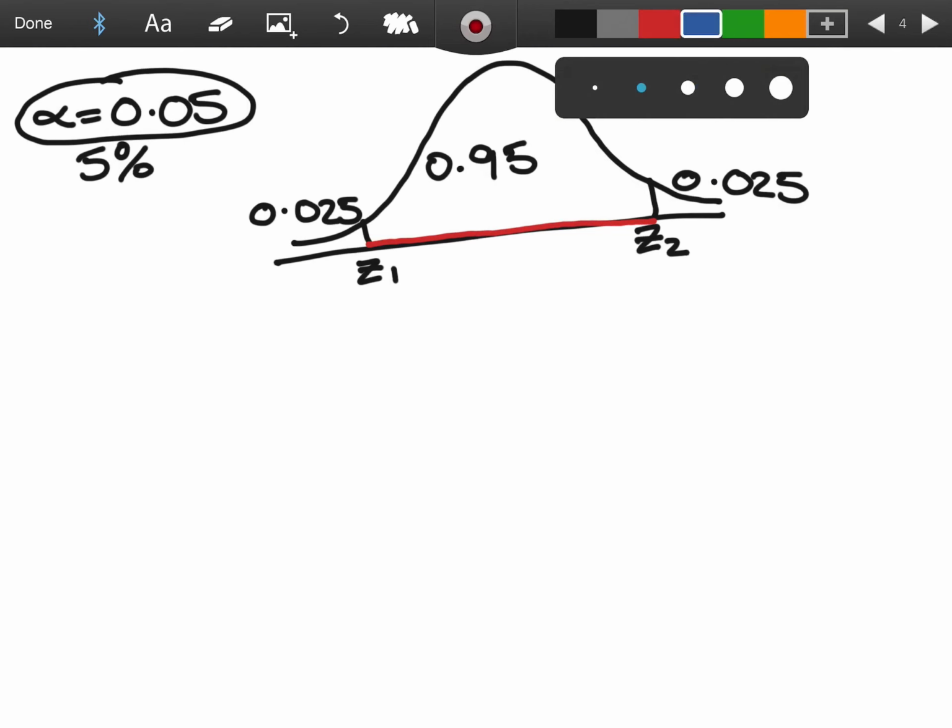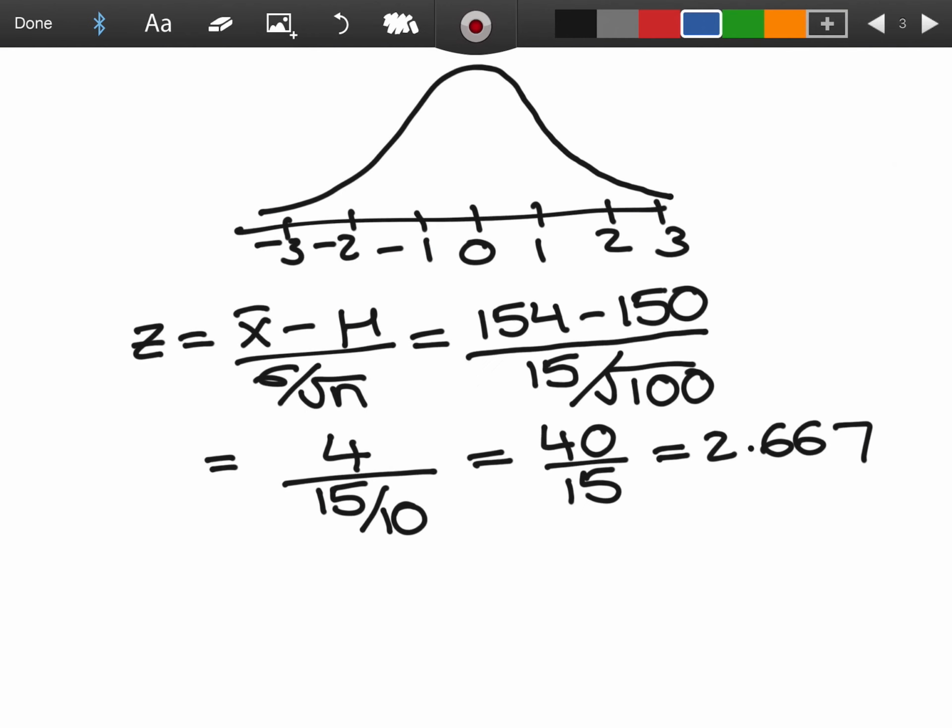Okay? Anything that falls outside of that range, so anything that is less than that z1 value or greater than that z2 value, means that we're going to reject that null hypothesis in favor of the alternative. So once you've found z1 and z2 in this case, you come back to what your test statistic was here, and you're going to test it.